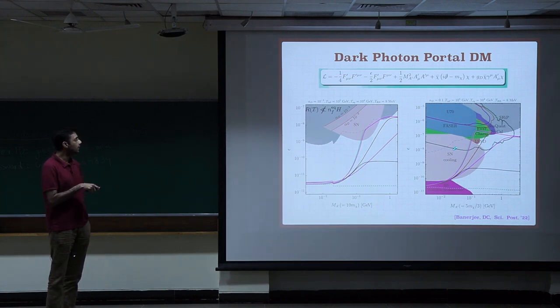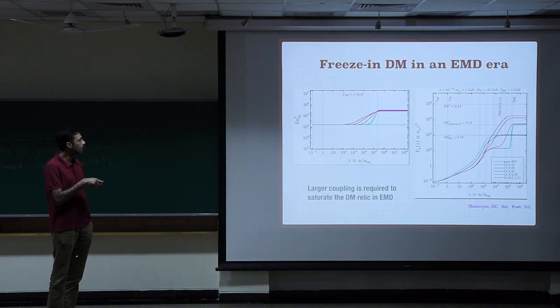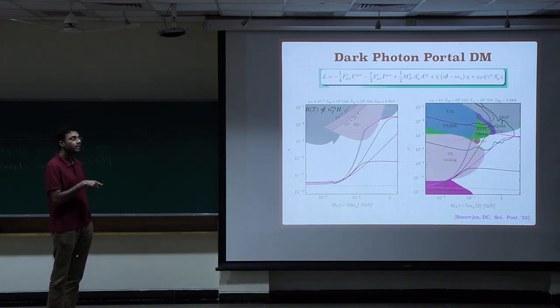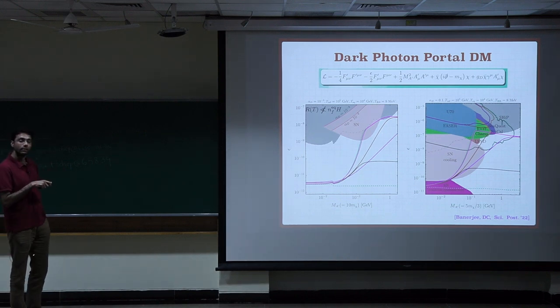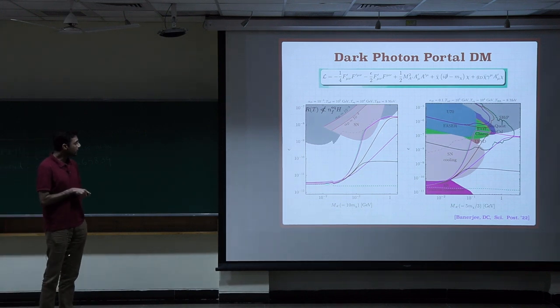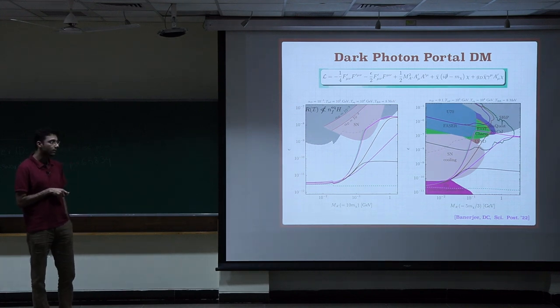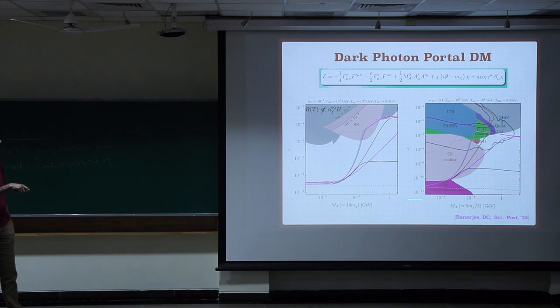For example, in this case, there is a constraint from supernova and some beam dump experiments, and the colored lines again correspond to different n, k, omega values. On these lines the relic is satisfied, whereas for a purely radiation dominated universe, the coupling would be as small as 10 to the power minus 10 or below.